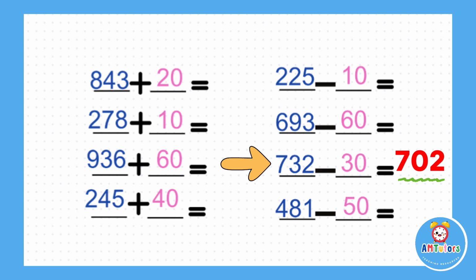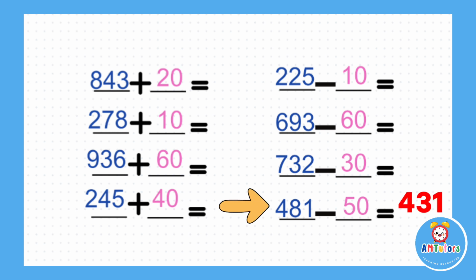The next one, 732, take away 30 will give you 702. Did you remember that placeholder 0 in the middle? And the last one, 481, subtract 50 will give you 431. Were you correct?